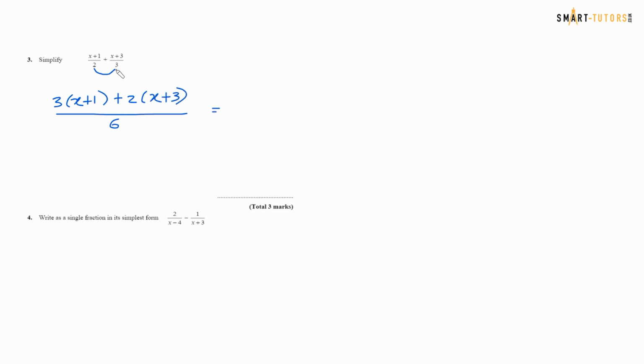So if you simplify, expand the brackets from the top, 3x plus 3 plus 2x plus 6 over 6 equals 3x plus 2x is 5x plus 9 over 6. So that is the answer for question number 3.